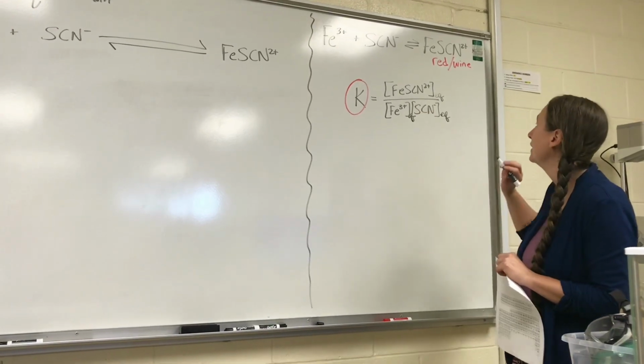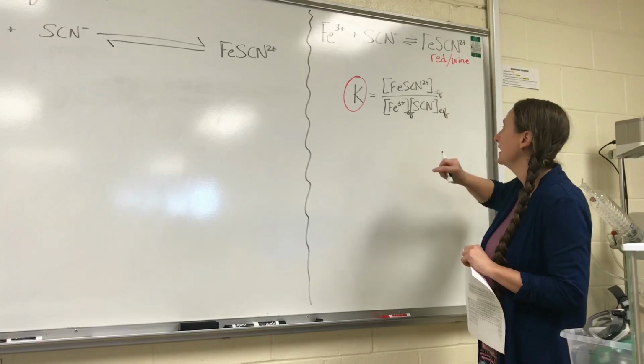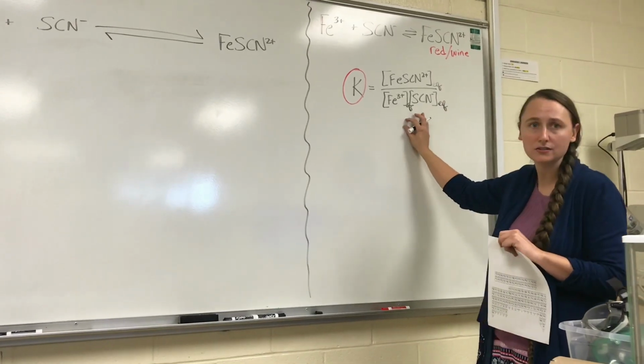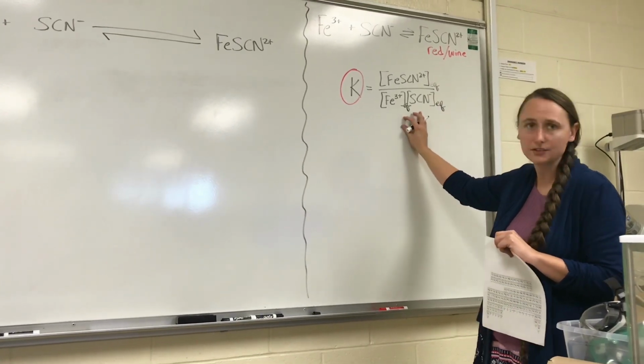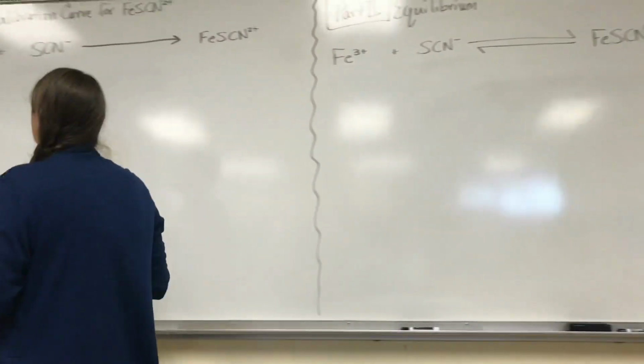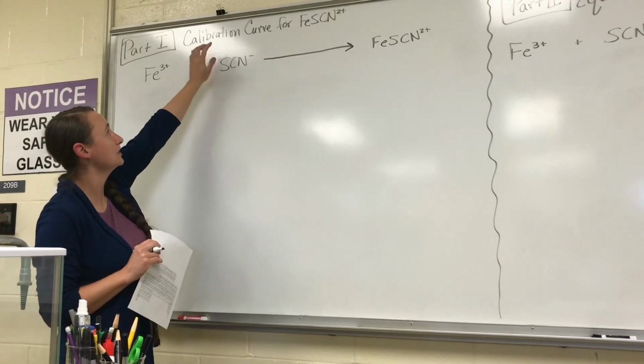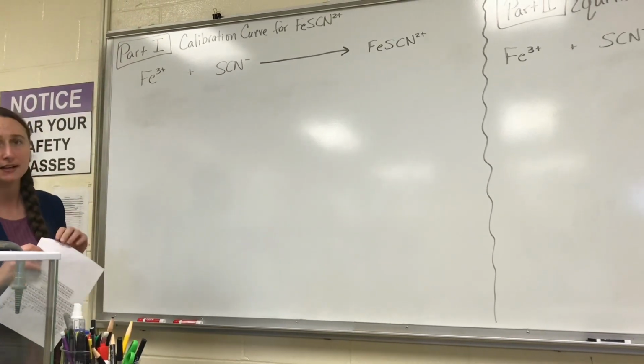We will use a way to measure the iron thiocyanate and then backtrack stoichiometrically to get the other two equilibrium concentrations. All right, in part 1, we are going to establish the calibration curve for the iron thiocyanate.